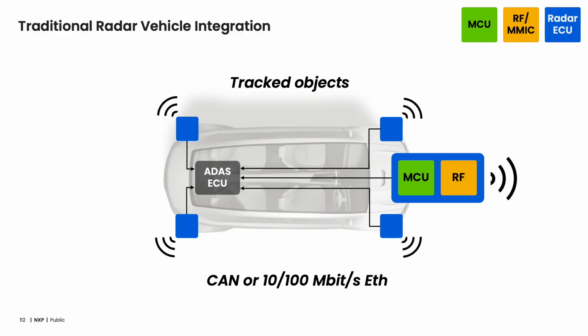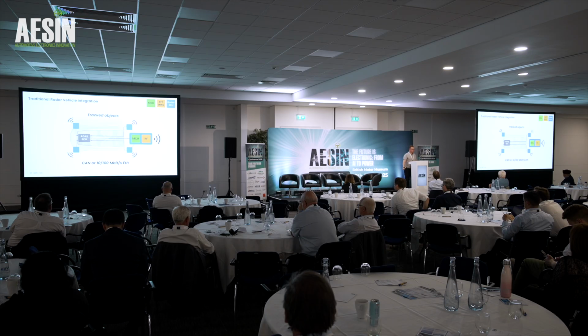But the important point is these ECUs are performing the full radar transceive and processing cycles at the edge, and they're going to provide tracked objects or target lists to the ADAS ECU for the decision making. So the vehicle network can accommodate this fully refined data in a CAN bus or a 100 megabits per second Ethernet.